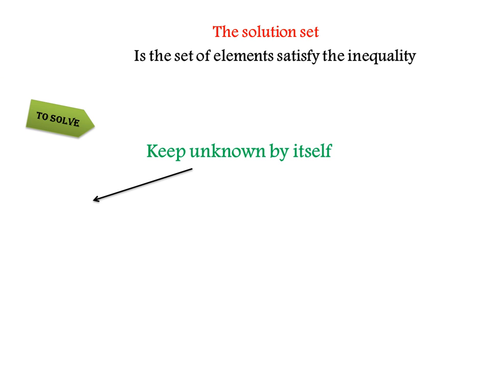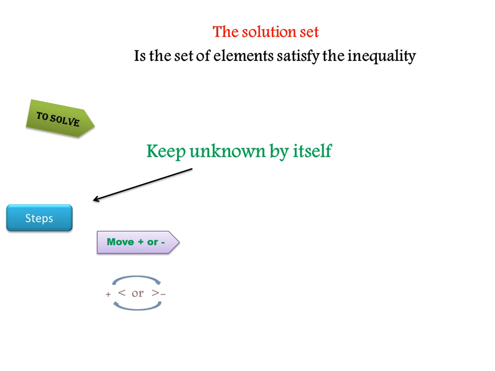To do this, follow the same steps as for an equation, starting by moving addition or subtraction to the other side with the opposite sign. Like if we have positive, we move it to the other side as negative, so plus will be minus, and minus will be plus, while keeping the inequality sign between.